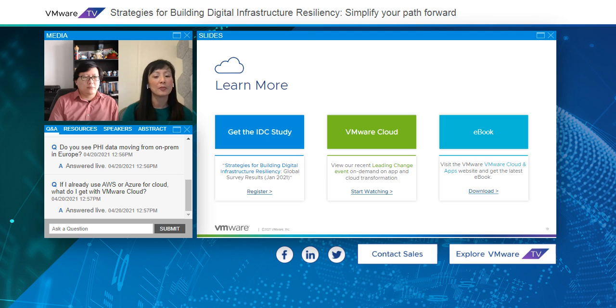Yeah. Another quick question here is, why wouldn't someone plan for all their apps to just be modernized and put in containers? That would be nice, right? With every technology, just throw away everything that exists and start brand new, but that's just not practical. There's a couple of reasons for that.